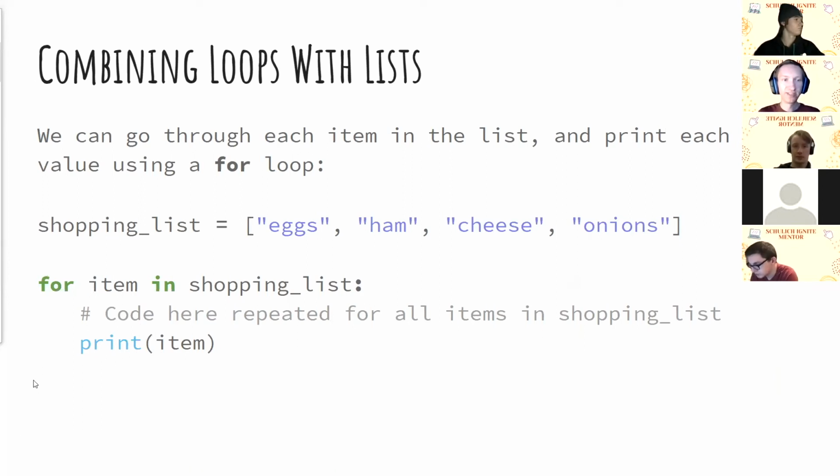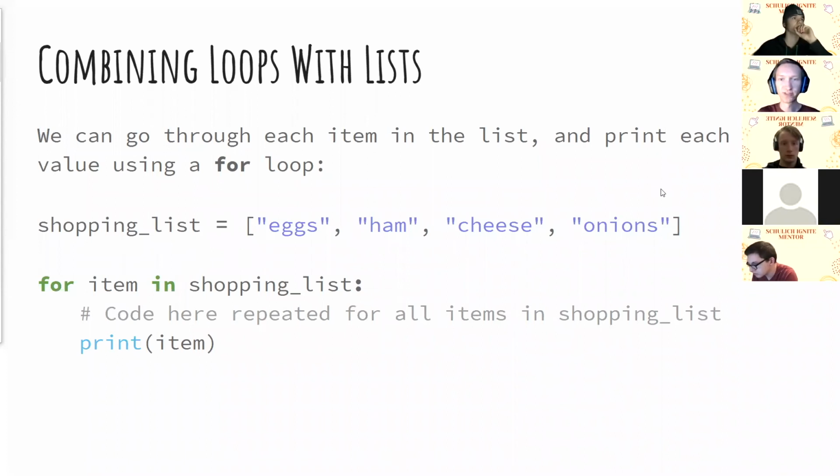So the syntax for this, we start with the for, then we have a new variable here. We need to create a variable here. We can name it whatever we like. Item is pretty descriptive. Then we need to have in, spelled exactly in, and then the variable that has our list.